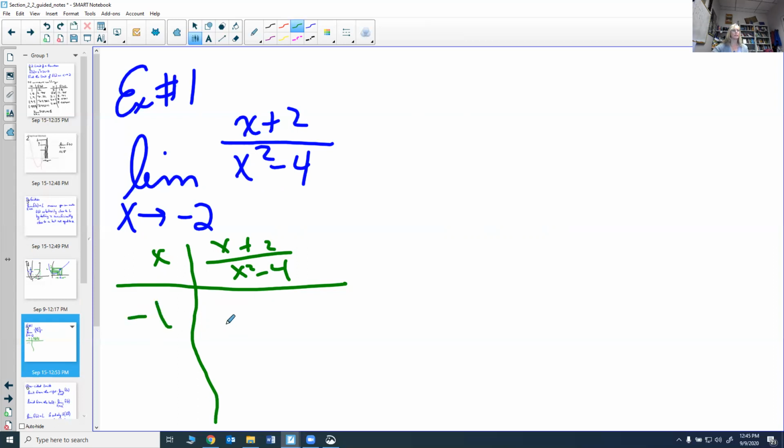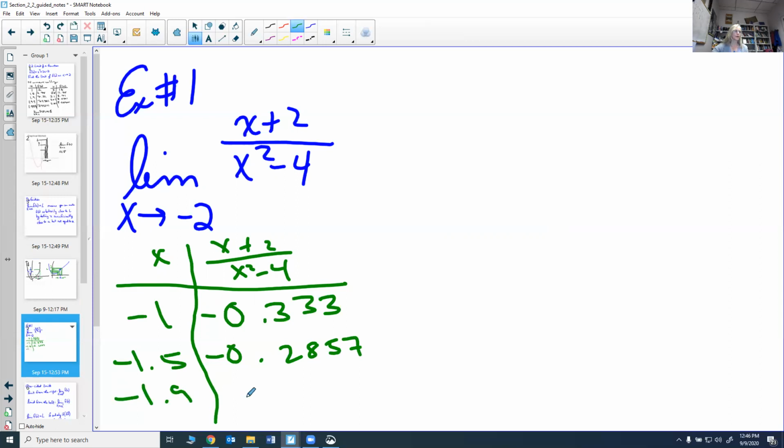Let's start with -1. And when I plug -1 in, I get 0.333 repeating. All right. But again, -1 is not that close to -2. Let's go to maybe -1.5. That's closer. When I plug that in, I get 0.2857. Again, that's still not really close.